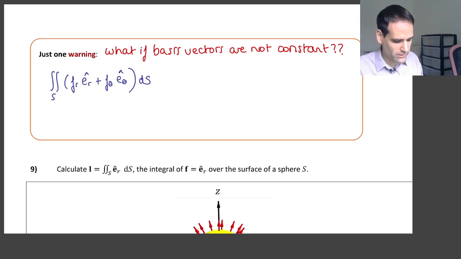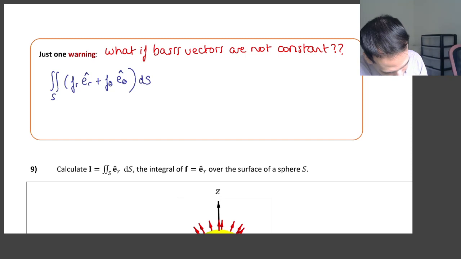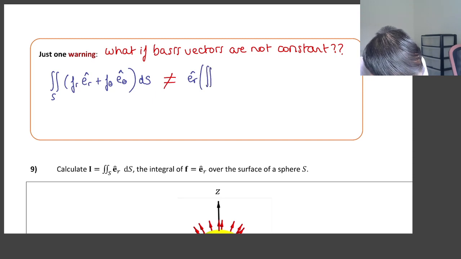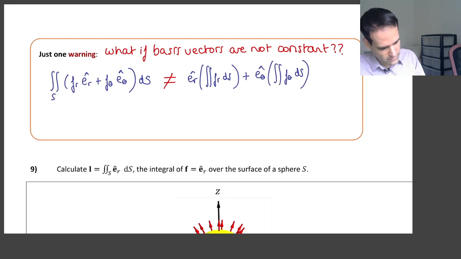So now you cannot do the trick of assuming that e_r and e_theta are constant and take them out. So this is not equal to e_r times the integral of f_r dS plus e_theta hat times the integral of f_theta dS. Okay, this is not correct. This is wrong.